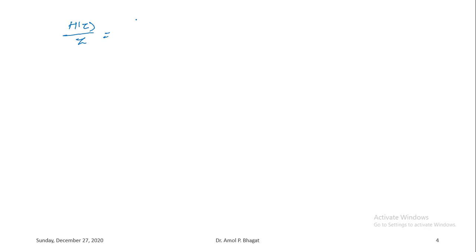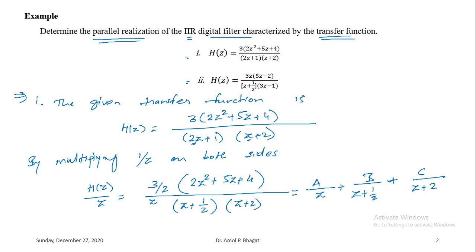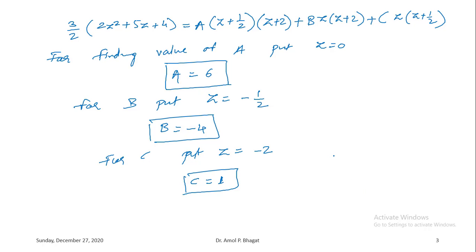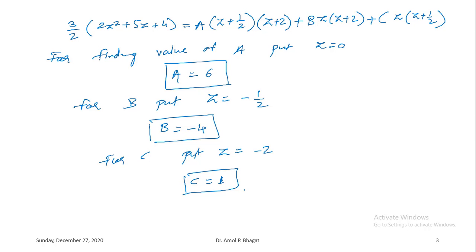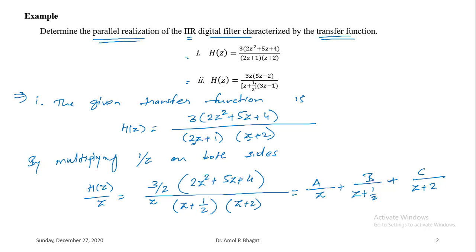You will get 6 by z as a first term, right? Second term, the value of b is 4, right? Not 4, I think minus 4. Okay, so it will be minus 4 upon z plus 1 by 2, so minus 4 upon z plus 1 by 2 will be there, right? And the value of c is 1, so you will get here 1 upon z plus 2.